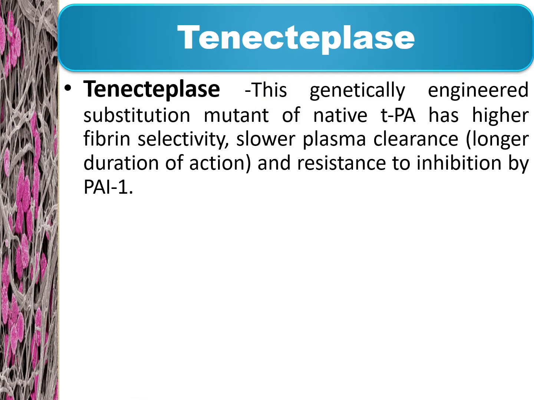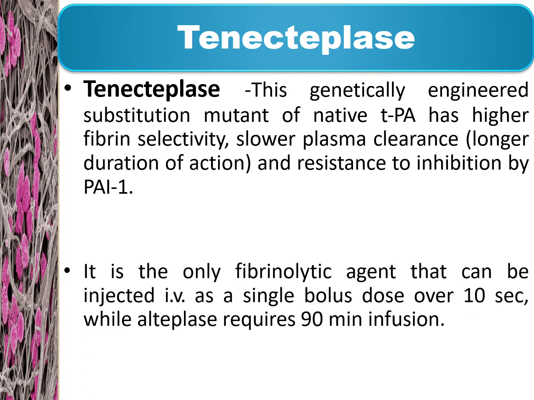Tenecteplase is a genetically engineered substitution mutant of native tissue plasminogen activator. It has higher fibrin selectivity, slower plasma clearance, which means a longer duration of action, and resistance to inhibition by plasminogen activator inhibitor 1.